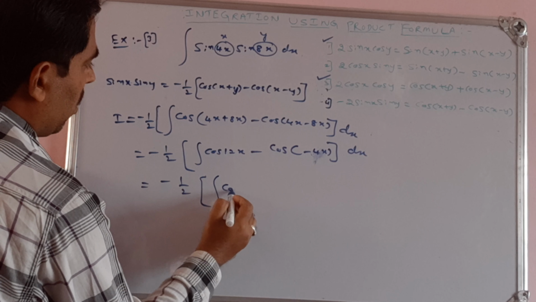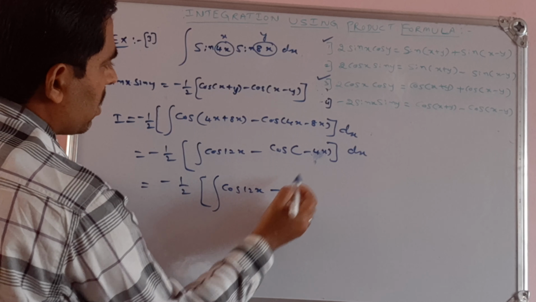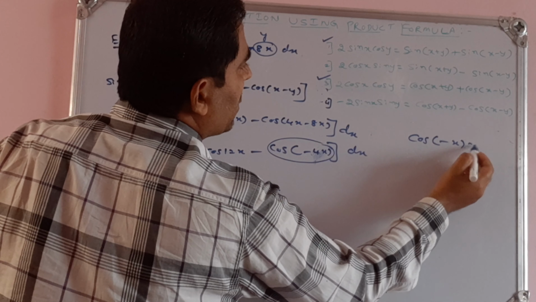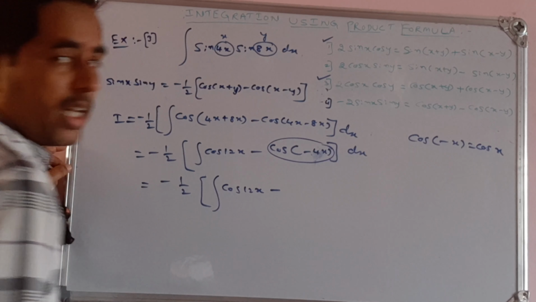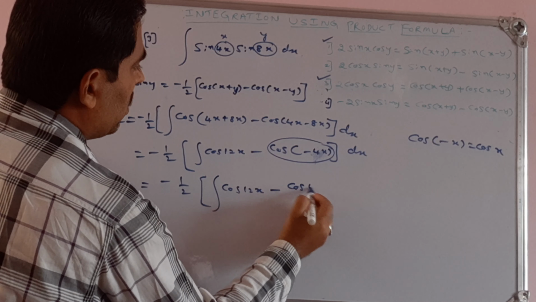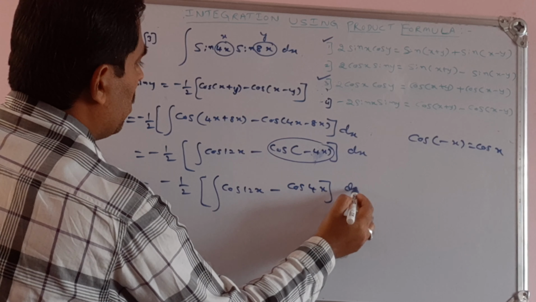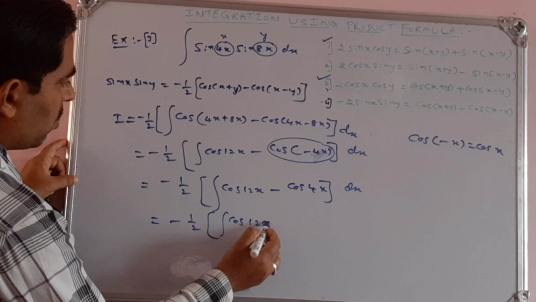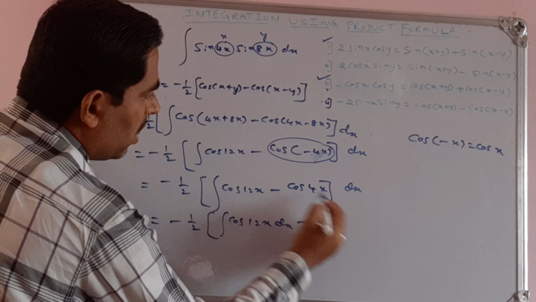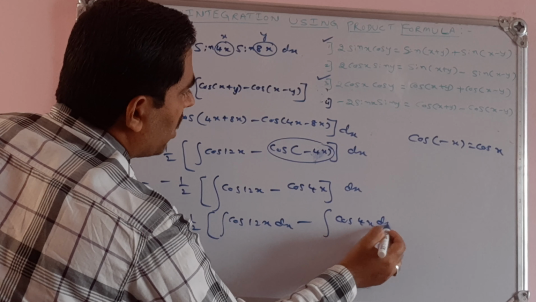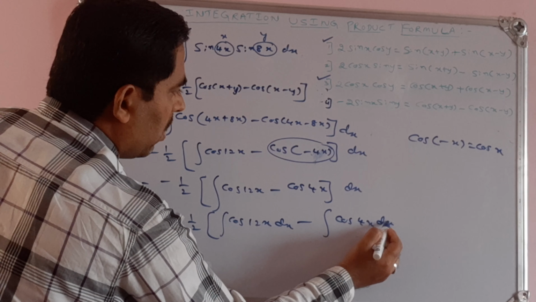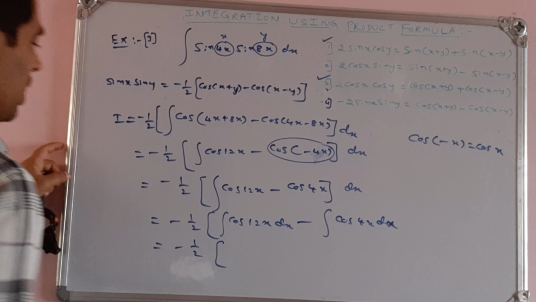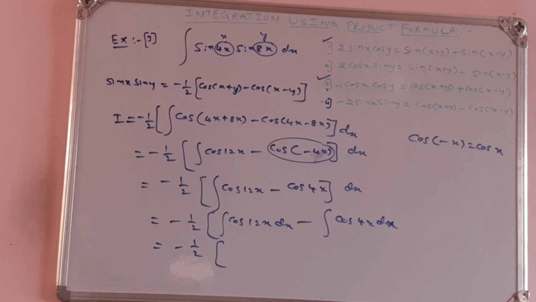So minus half into the integration of cos 12x minus cos of minus 4x. We know cos of minus theta is cos theta only. So I can write this as cos 4x dx. Then integrate separately cos 12x with respect to x minus cos 4x with respect to x.